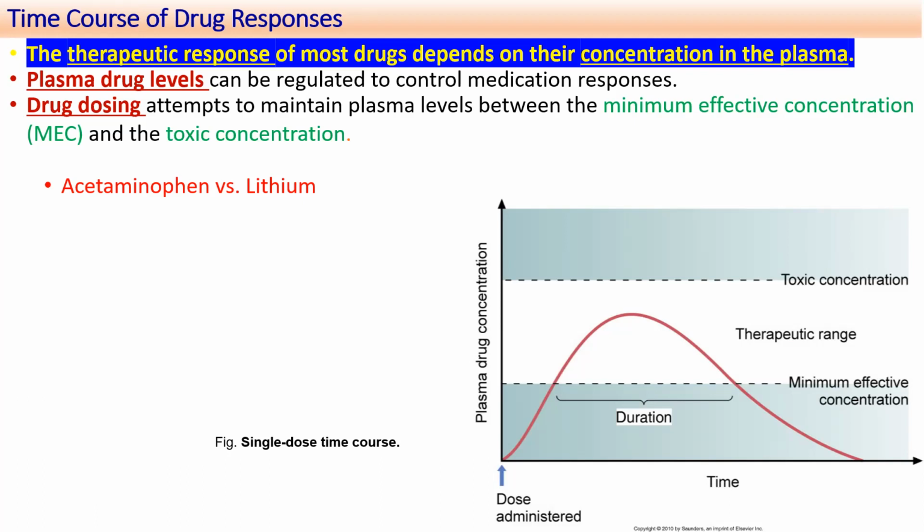Below this is not good because that will not treat the patient's condition, and it should not exceed the toxic concentration because that will result in significant harm to the organ or tissue. For example, acetaminophen has a wide therapeutic range. However, lithium has a very narrow therapeutic range.